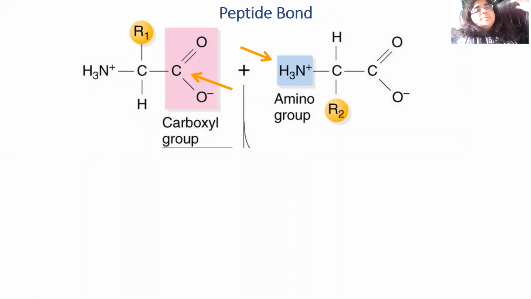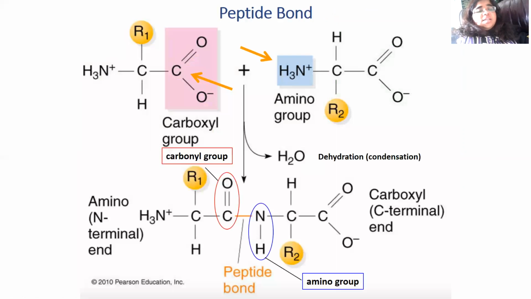So when protein forms, it's by joining the carboxyl group of one amino acid, and you take the amino group from the second amino acid, and you bring them together. You dehydrate it, so you take out water, an oxygen and two hydrogens, and you bring them together.